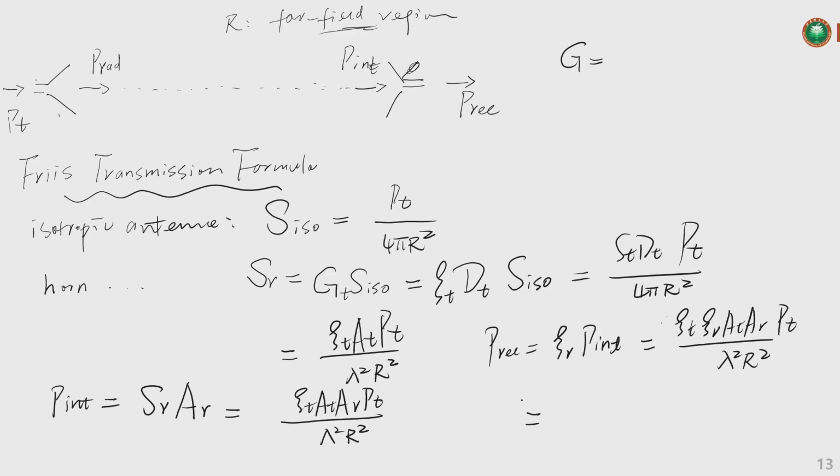And beside that, it can be further simplified as G_t G_r times lambda over 4 pi r, squared.